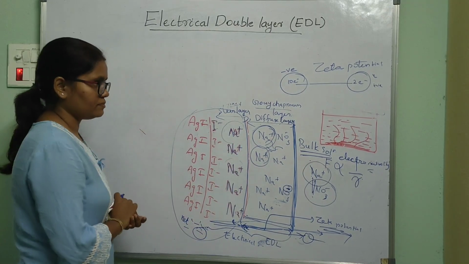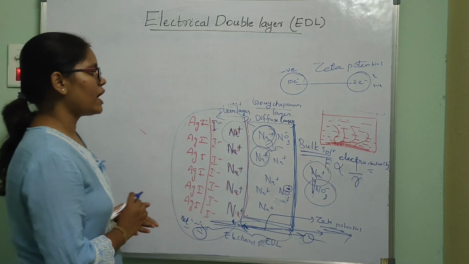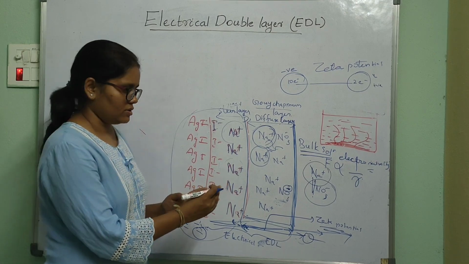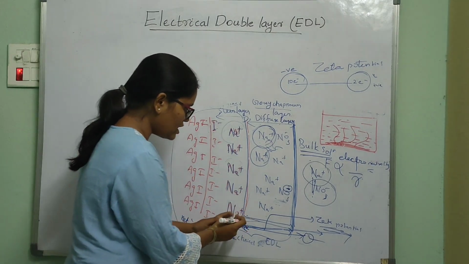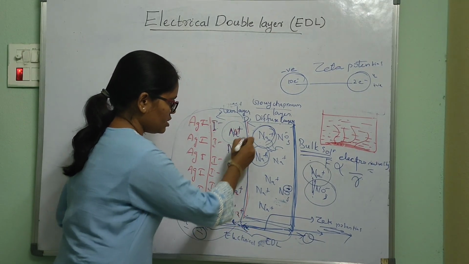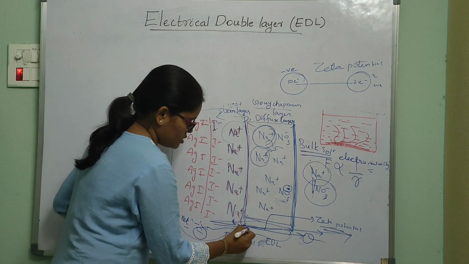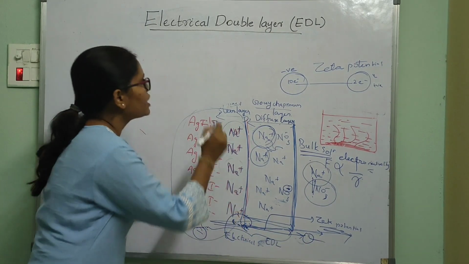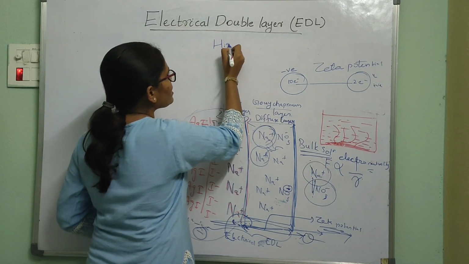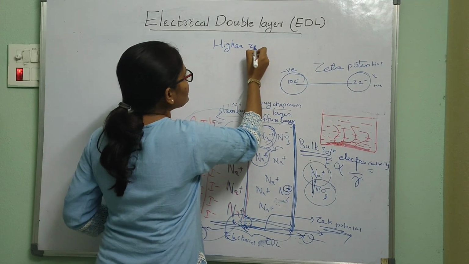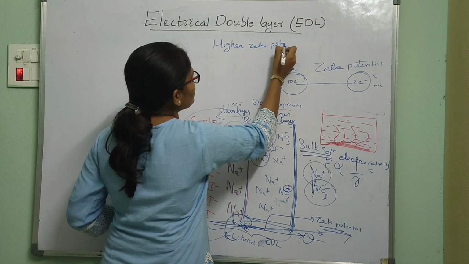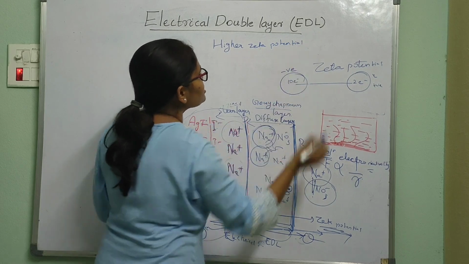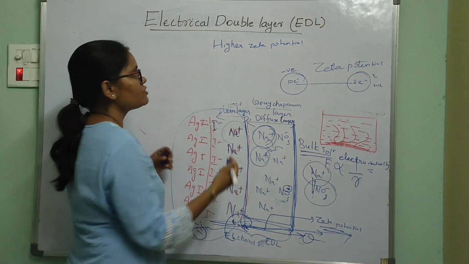Let us see how. If you have higher zeta potential, that means there is a large difference between the charges. I'll write it here. Higher zeta potential, what does it mean? Higher zeta potential means more separation of charge.